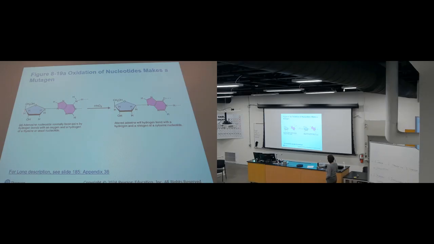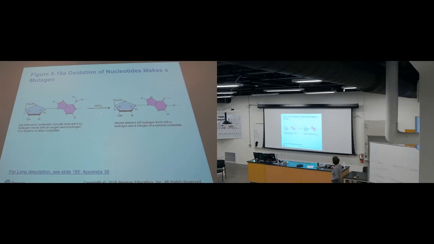So we have here also an example. We have oxidation of nucleotides that makes a mutagen. In this case, we have an adenosine nucleoside, and this one is a nucleoside because it still doesn't have the phosphate group, which would make it a nucleotide, right?